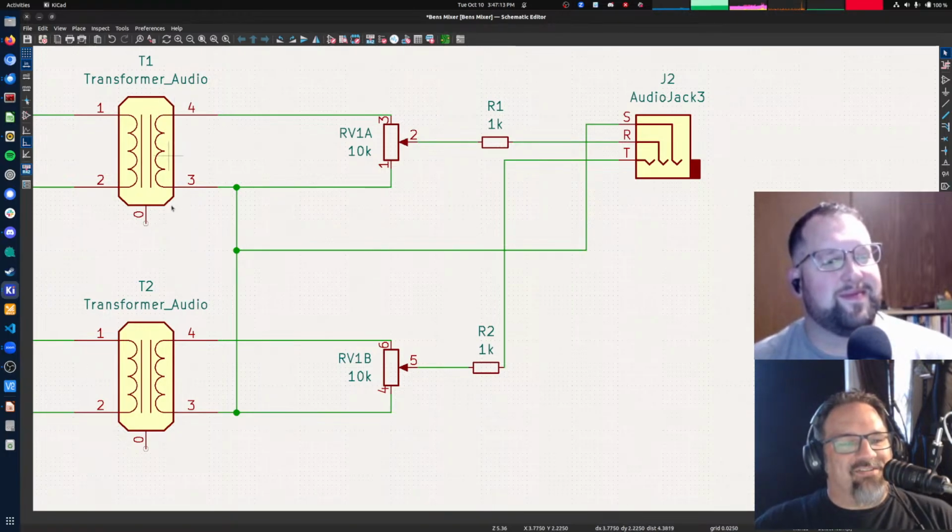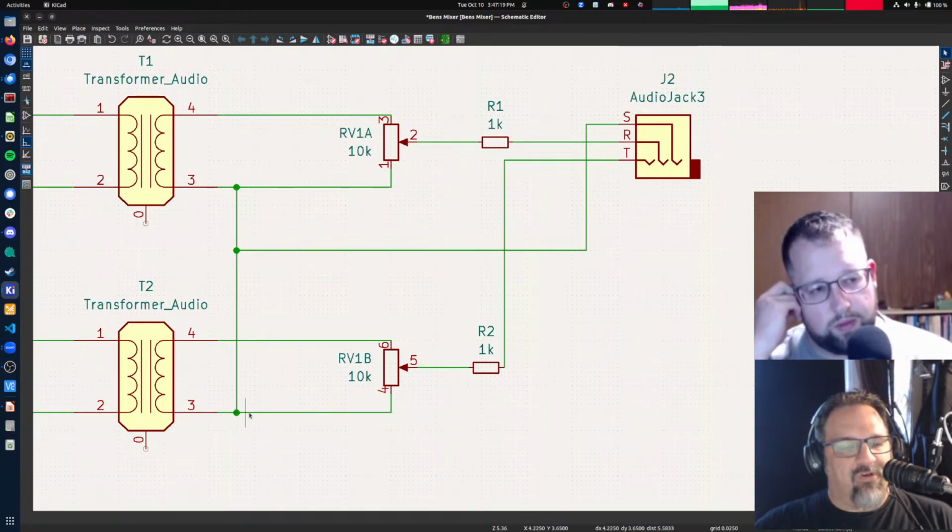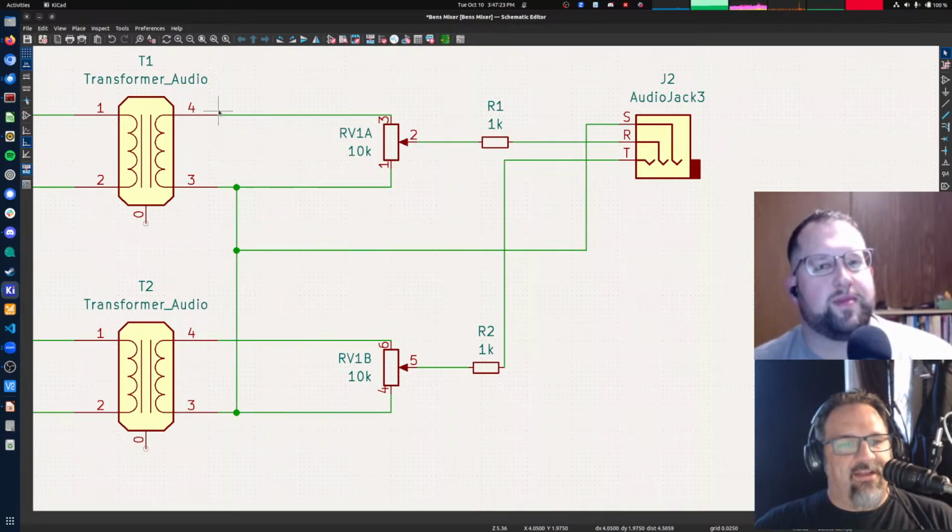And then on the secondary side of the transformers, again, we've got one side that is considered common. I'm calling it pin 3 here. That's all tied together. And then the other side goes to the top of our potentiometers, our volume pot. Same on both of them. And then the wiper of the volume pot goes through a 1K resistor, and then from there into the output jack.